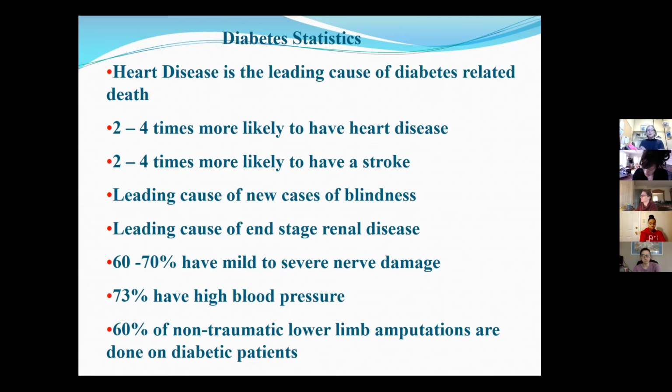Diabetes is the leading cause of new cases of blindness. It's the leading cause of end-stage renal disease. It causes neurological damage, and as many as 70% of diabetics are going to have mild to severe nerve damage. About 3/4 of diabetics will develop high blood pressure as a result of their diabetes. And 60% of non-traumatic lower limb amputations are done on diabetic patients.